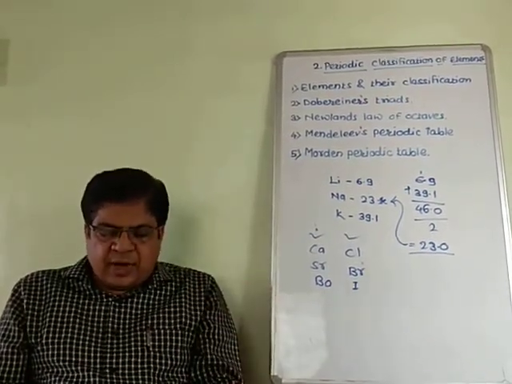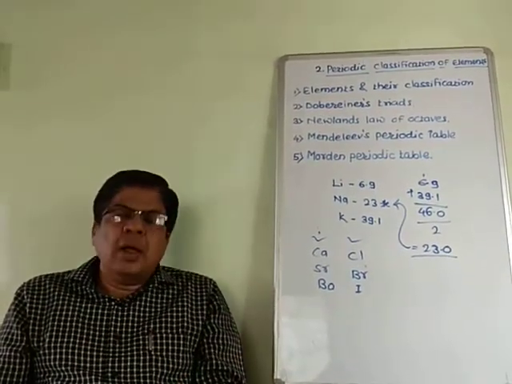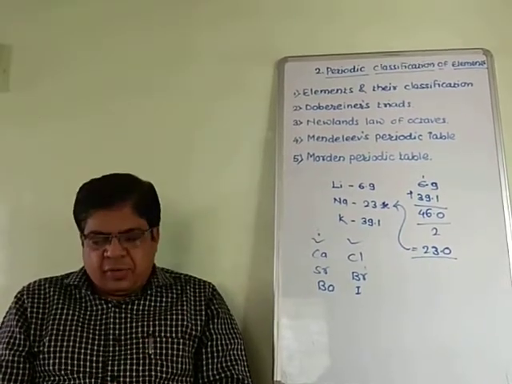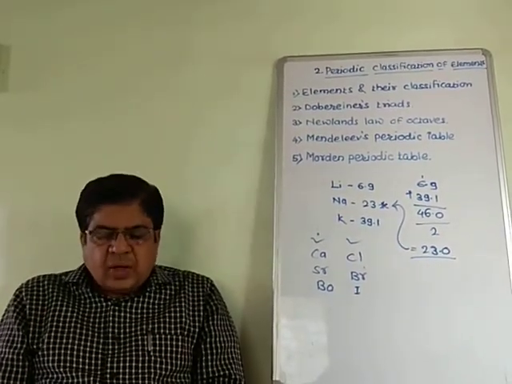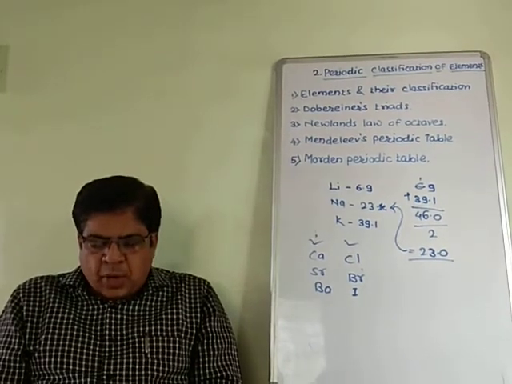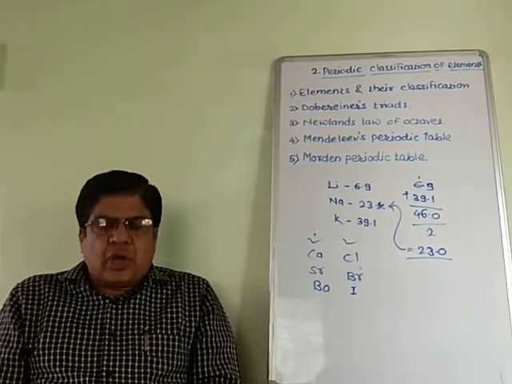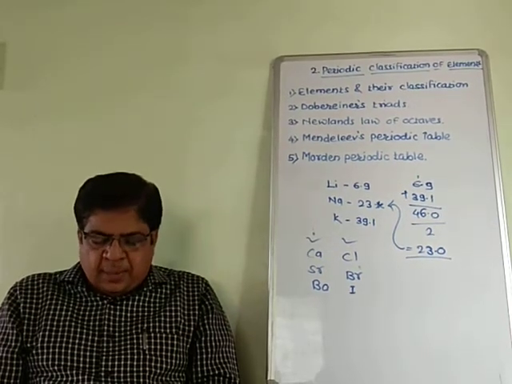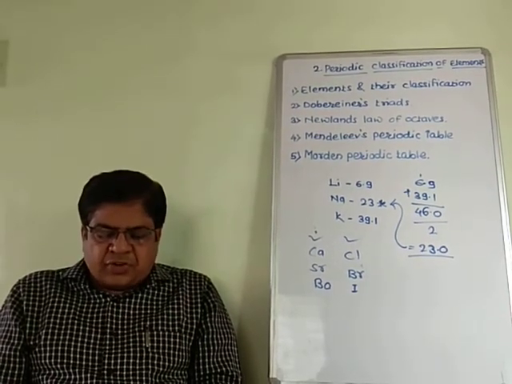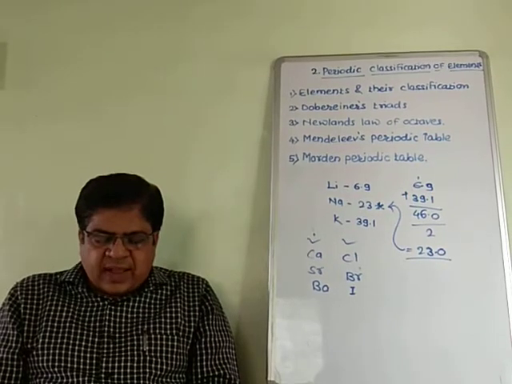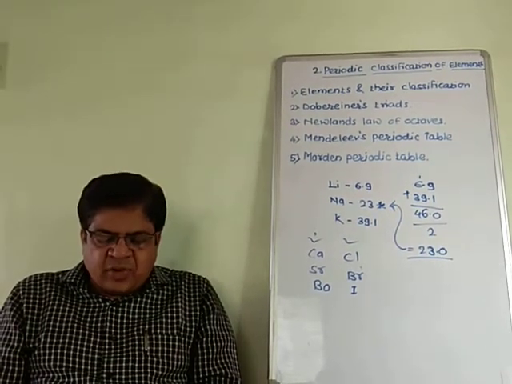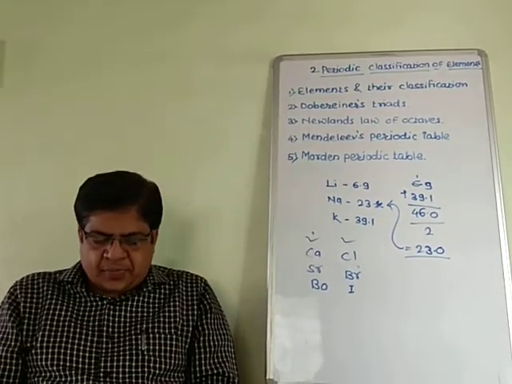Now the next point is the modern periodic table and electronic configuration of the elements. The characteristics of the groups and periods in the modern periodic table are because of the electronic configuration of the elements. It is the electronic configuration which decides the group and period in which an element is placed.